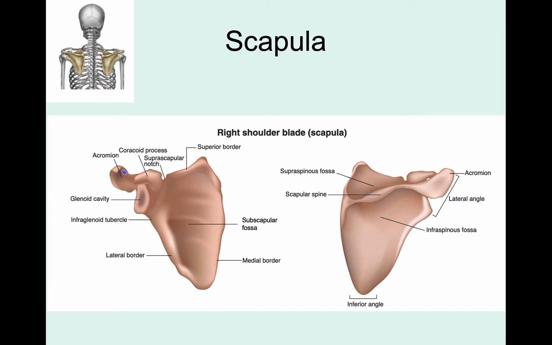So a lot of these features that you're learning about either form articulations, have muscles that originate at them, or have muscles that insert to them. You'll also see grooves or notches, and this is where blood vessels or nerves or tendons will run through.